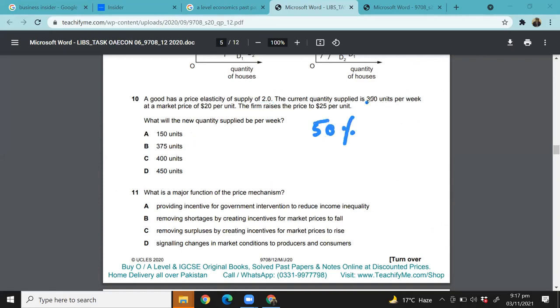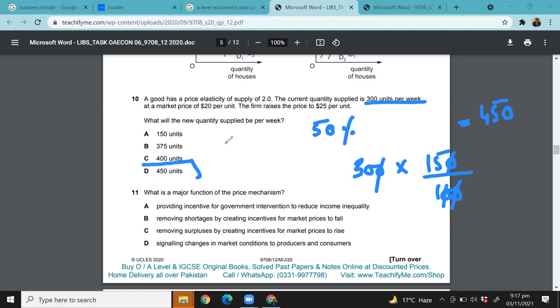Now, what is 50% higher of this? Because it's saying what is the new quantity supplied. So you have to calculate the 50% higher of this. So you will say 300 into 150. You cancel this out, and 15 times 30 gives you 450. So the new quantity supplied would be D. Did you guys get this? So you just need to calculate 50% higher of this.